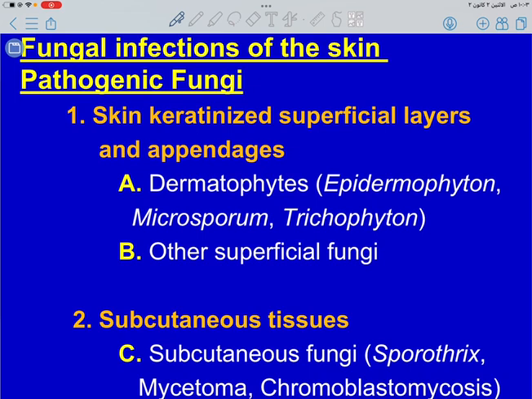Other superficial fungi will also be discussed, also pathogenic and important. The fungi that infect the subcutaneous tissue are Sporothrix, mycetoma, and chromoblastomycosis. Mainly our talk will be about dermatophytes regarding the skin, superficial layer, keratinized.